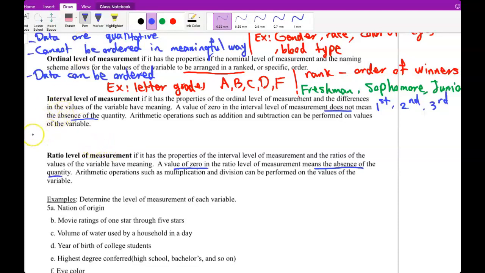Okay, so here data can be ordered. Data does not have a starting point.